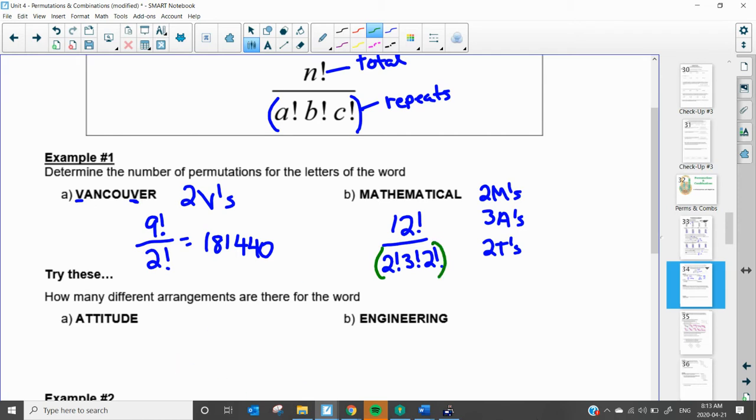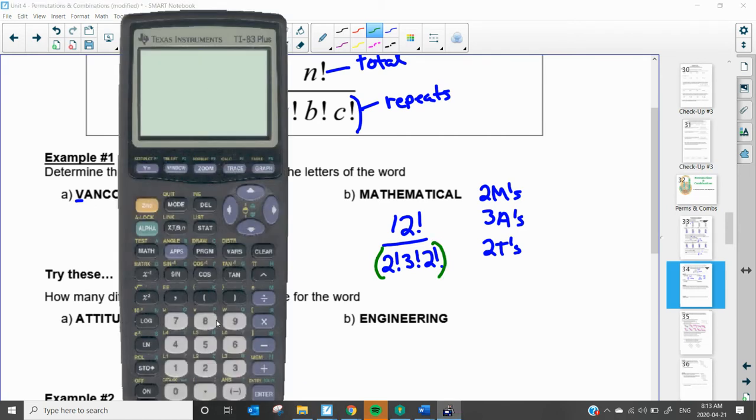So let's take a look at what that looks like in our calculator. We're going to start off with 12 factorial. So 12, math, arrow to the left, 4, divided by, and this is where those brackets come in, 2, math, 4, 3, and 2 factorial.